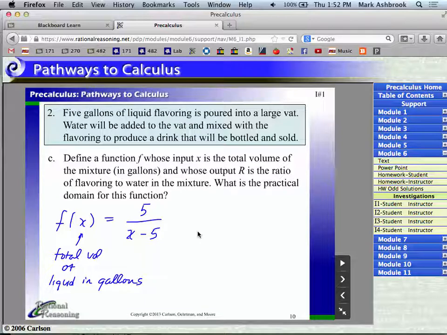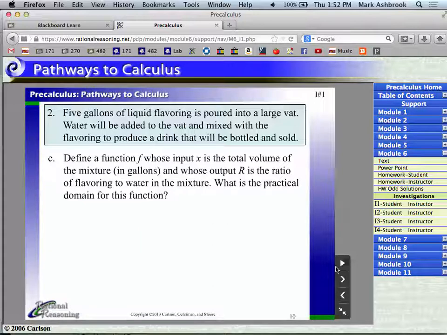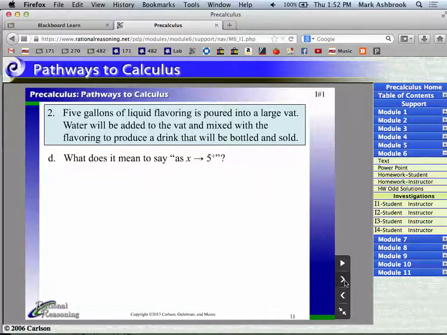Okay, so we want to investigate the effect of this denominator. All right, so we have this denominator here, x minus 5. So what we want to do is look at this idea. What does it mean to say x arrow 5 plus?